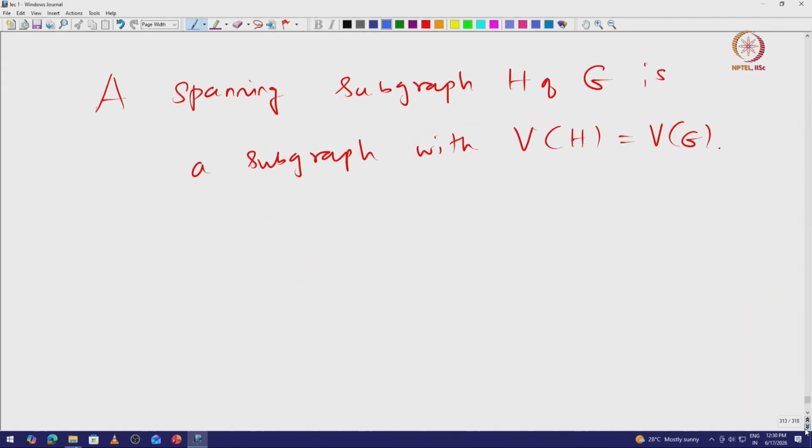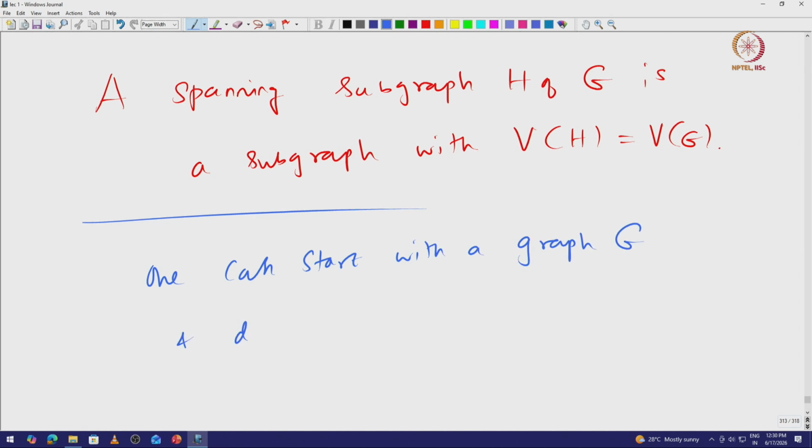So, now what one can do is start with the graph and delete all loops and multiple edges. So, one can start with a graph G and delete the loops and multiple edges.